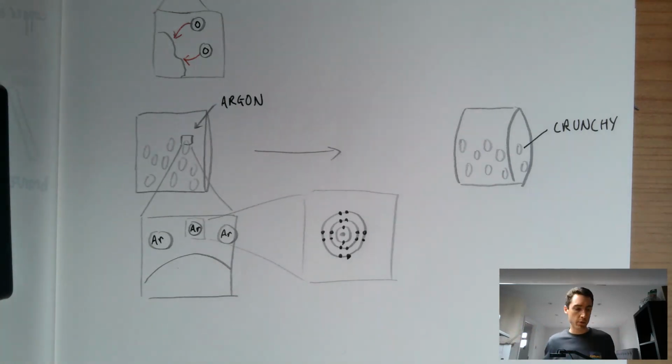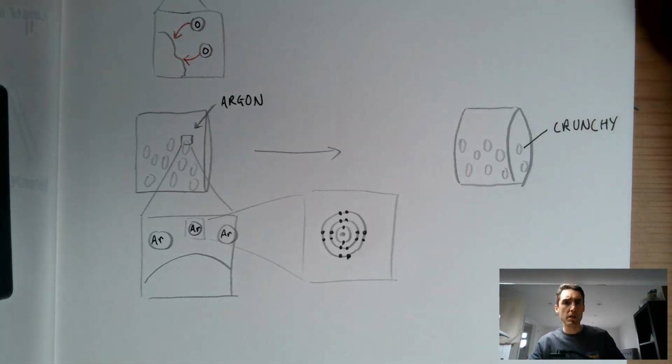You do get a really bright light, but that would lead to us breaking a lot of light bulbs. So we pump that full of argon because even when that tungsten metal is super hot, and it would react with oxygen just like that, because argon is so unreactive, it's not going to react, and then we can keep on using it again and again and again. In the next video, we will be looking at transition metals.